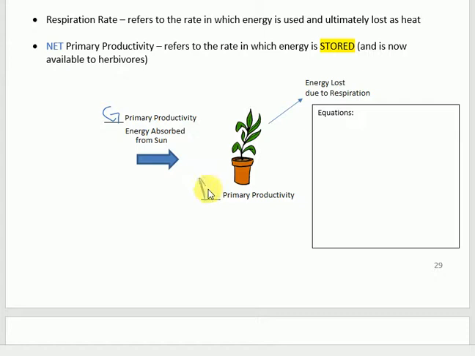And then we end up with our net, right? This is what is stored. And then we have here our respiration rate. This is what's lost. So the equation that we're going to look at is your GPP, which is your gross primary productivity, is going to equal your net primary productivity plus your respiration rate.